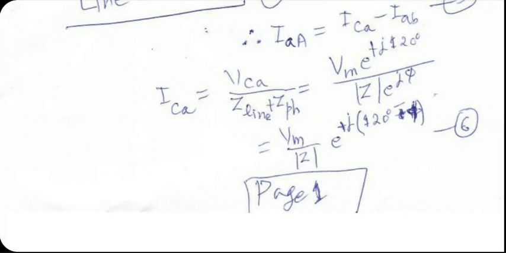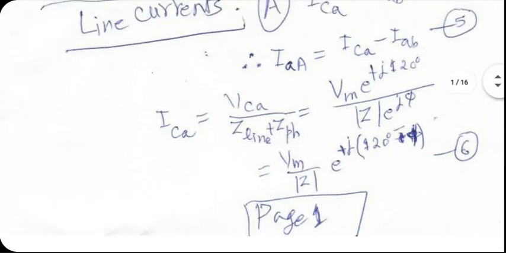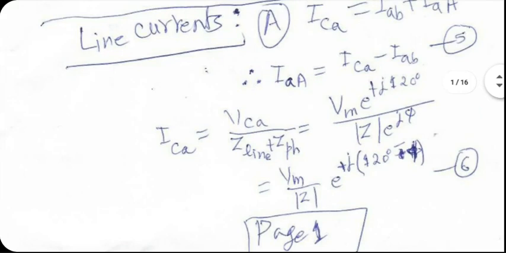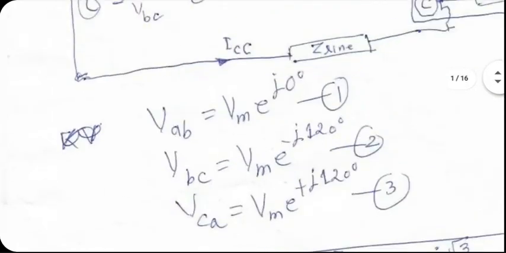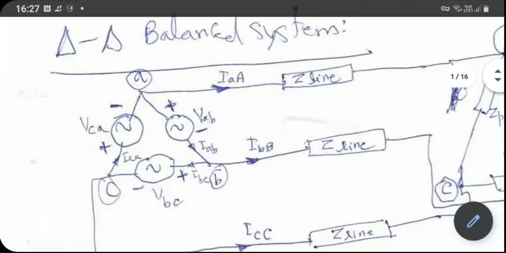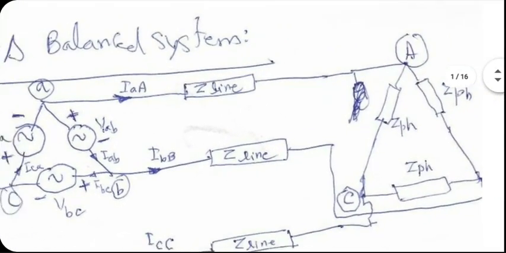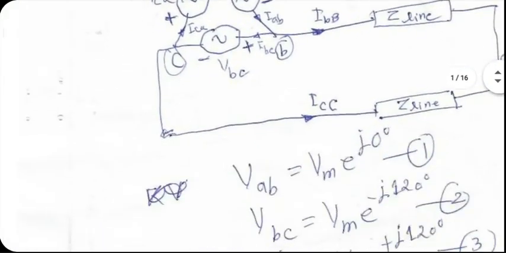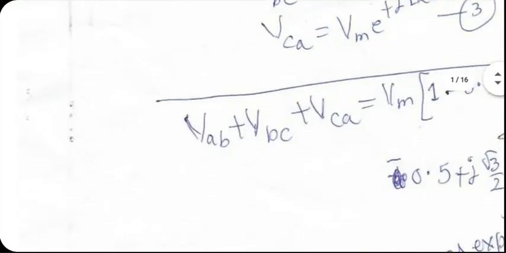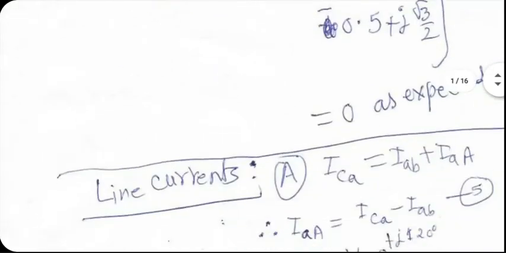So what I see is that ICA has a phase shift of 120 degrees plus, minus the load angle of the load of each branch. And not only that, the line impedance will also make a difference.